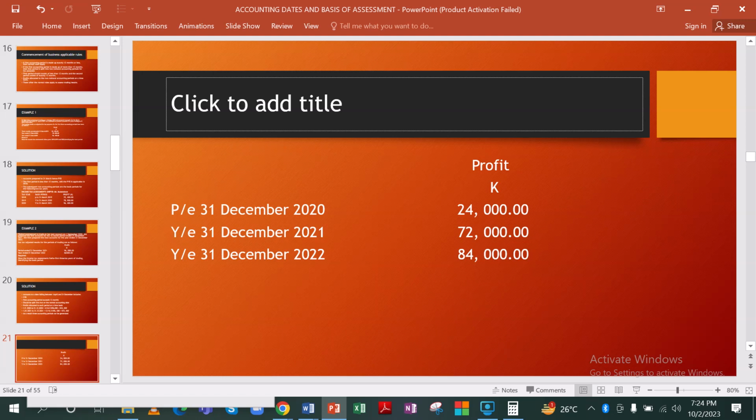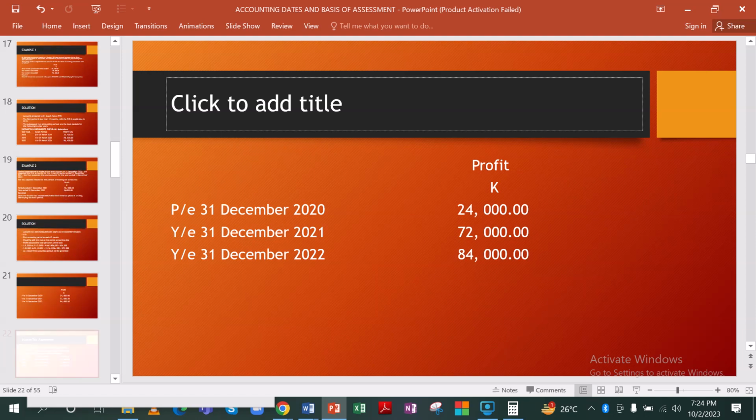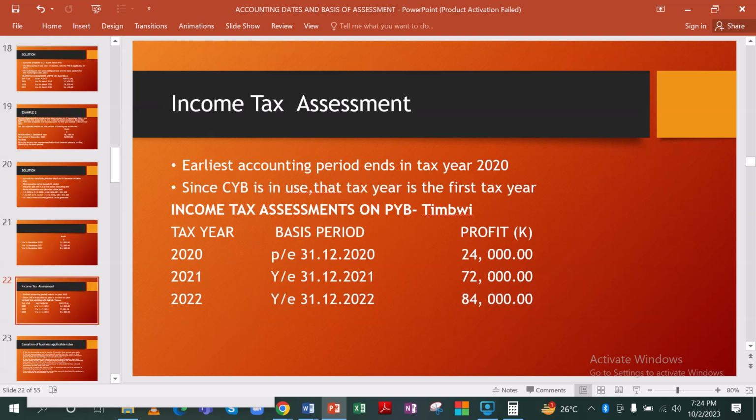Then we apply the normal rules. Apparently, for these particular periods, they are falling between 1st April and 31st December, so we use the current year basis. So that's what we are going to see happen. We use the current year basis.